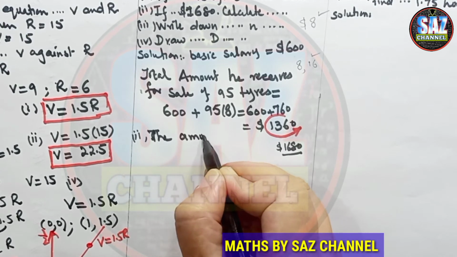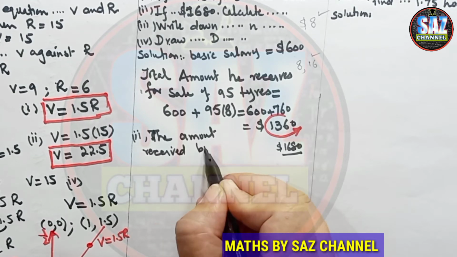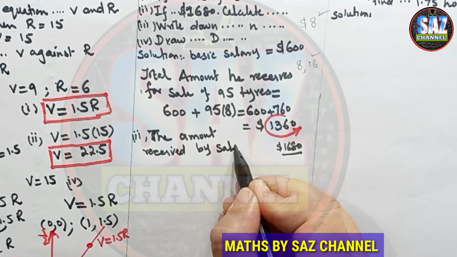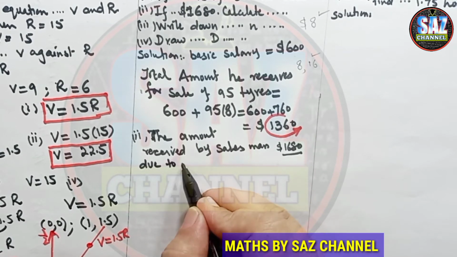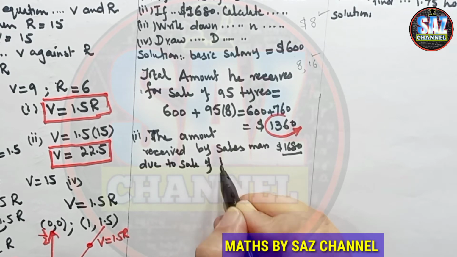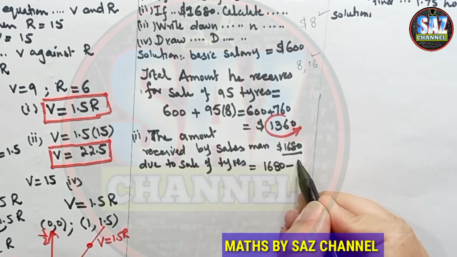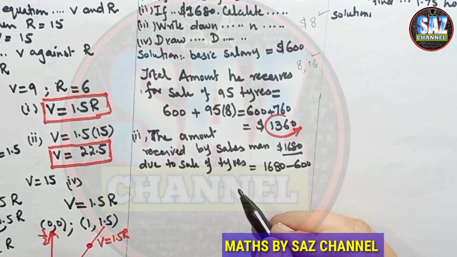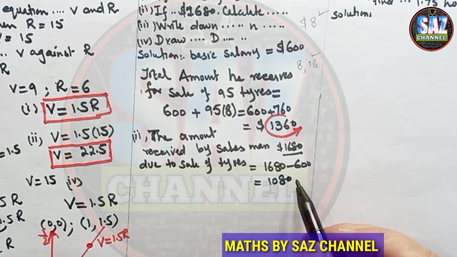The amount received by the salesman due to the sale of tires will be equal to 1680 minus 600. Take away 600 from 1680 and I am left with 1080. This is the amount that he is getting due to the sale of the tires.